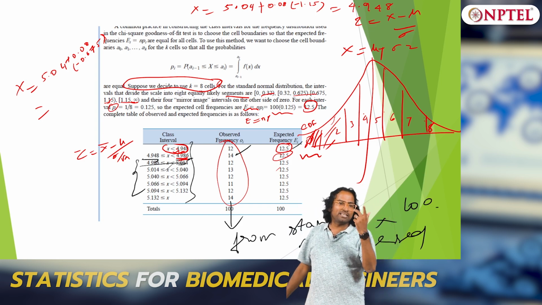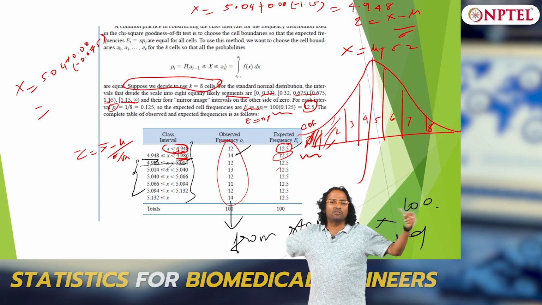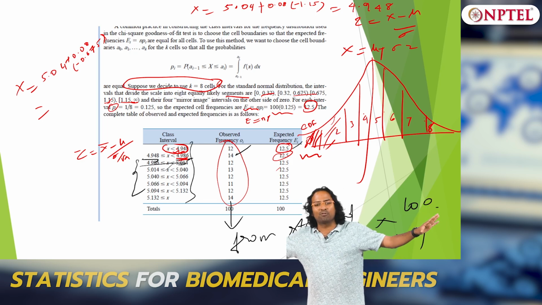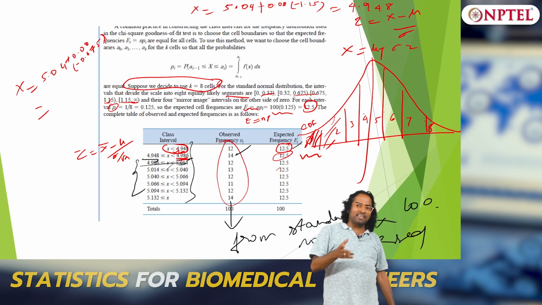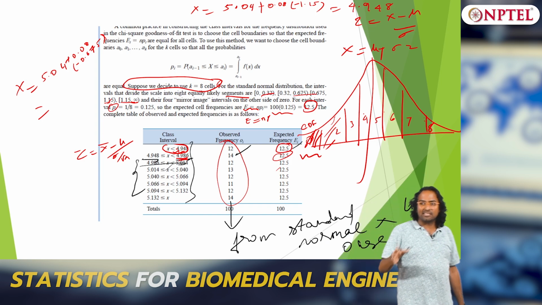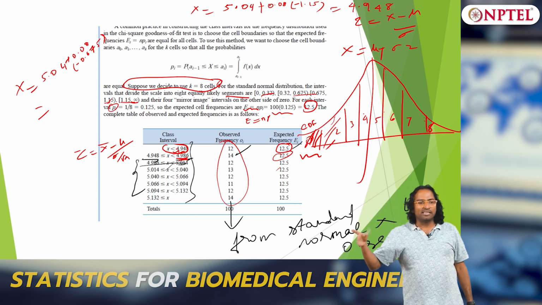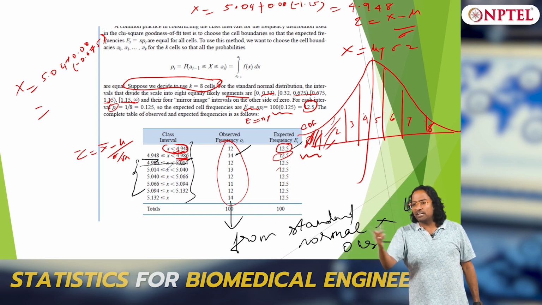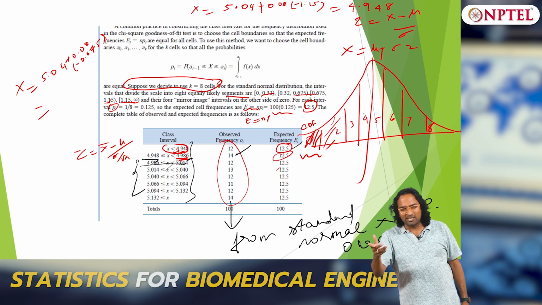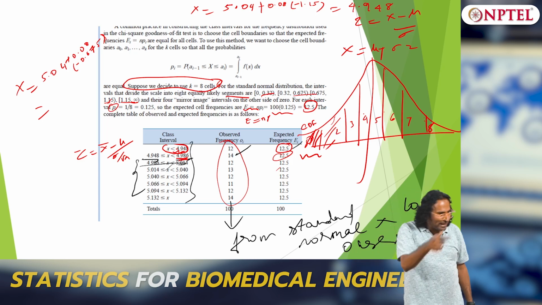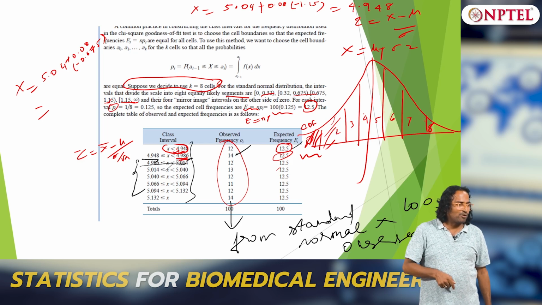Then your probability is simply 1 over n, all regions are equally likely. Take the intervals such that all intervals are equally likely, then your probability is just 1 over the number of classes. If you do not do that, then your weightages will change, you will have to break your head.